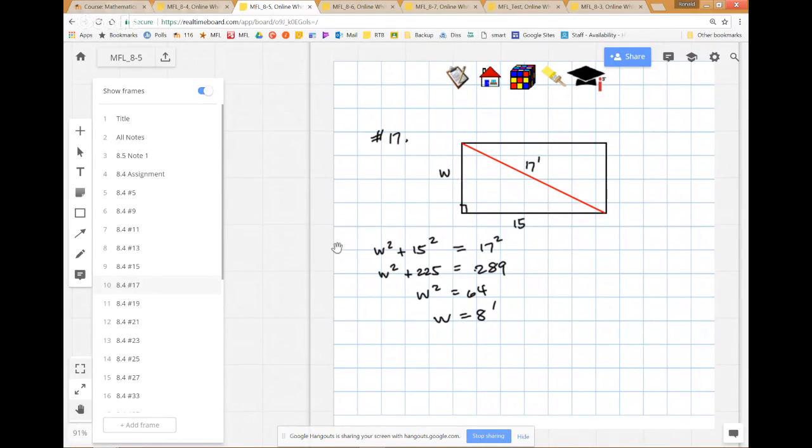One leg, W squared, plus the other leg, 15 squared, equals the hypotenuse, 17 squared. 15 squared is 225, 17 squared is 289. Subtract 225 from both sides and we get W squared equals 64. Now we take the square root. W equals 8 feet.